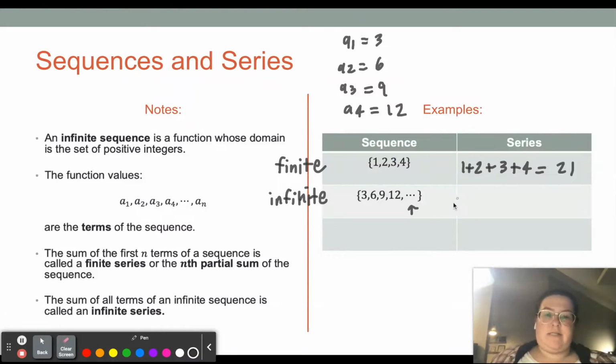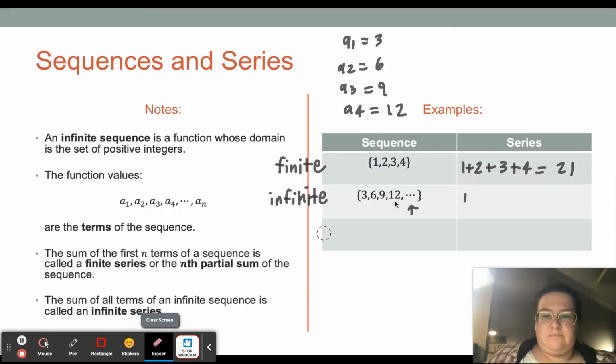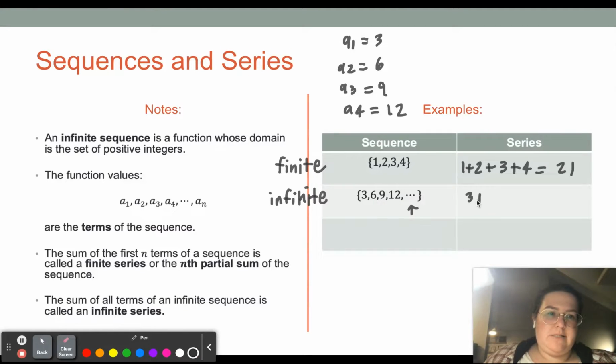The series is the sum of that list: 3 plus 6 plus 9 plus 12 and so on.